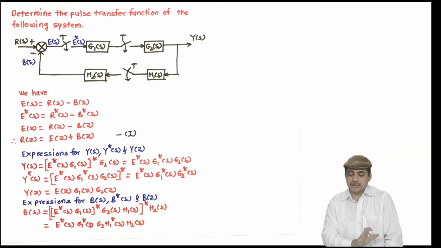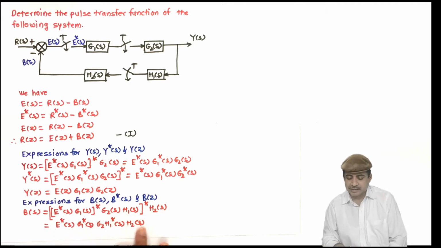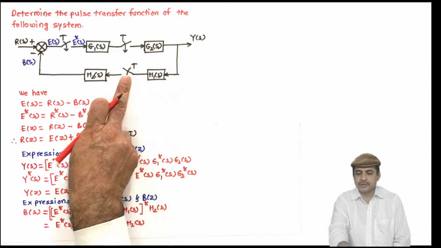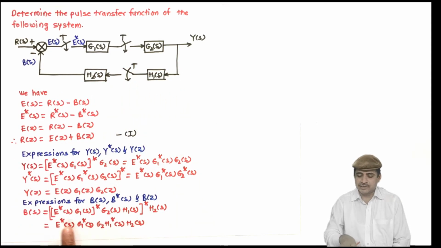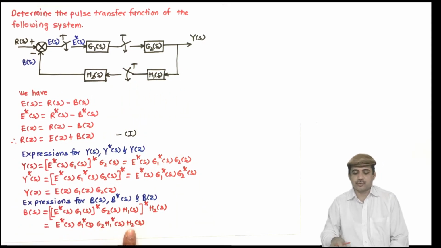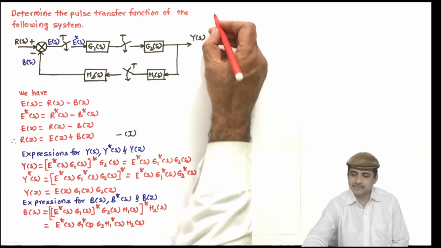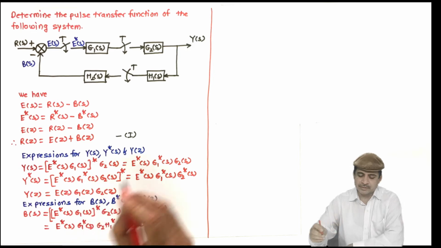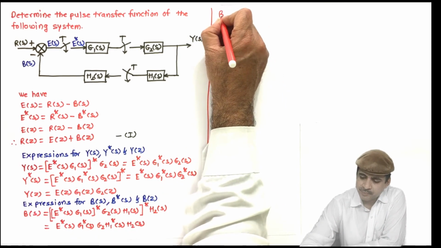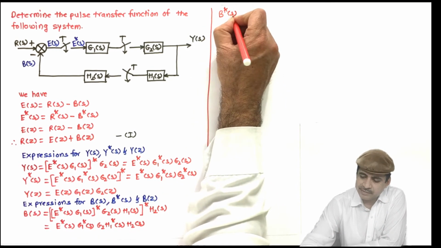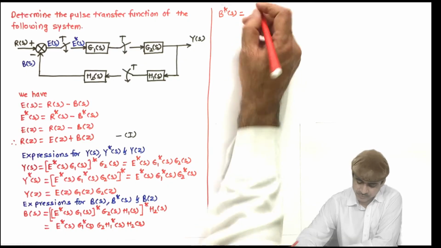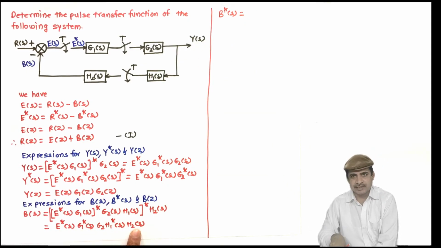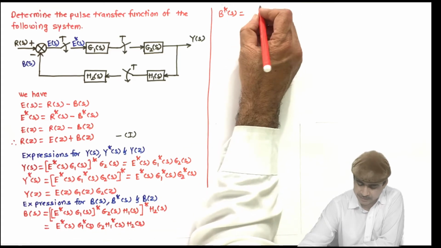Okay, so by practice we can come to this directly: E* G1* G2H1* H2. We can do it directly, but just we are taking another step. So then B*(s) will be what? Star of this. These three are already in star, only this term is left, so it will also come under the star.